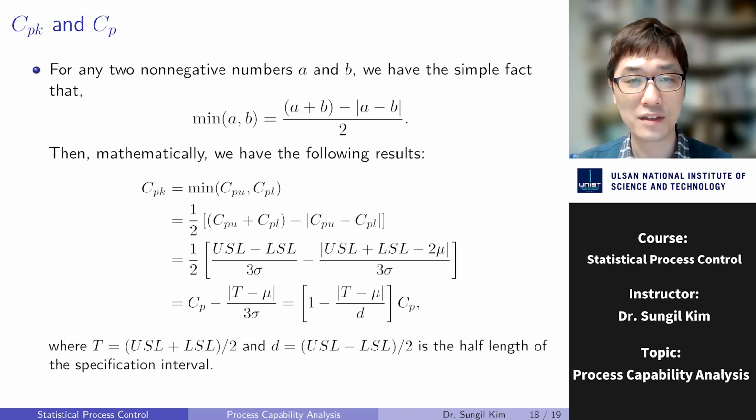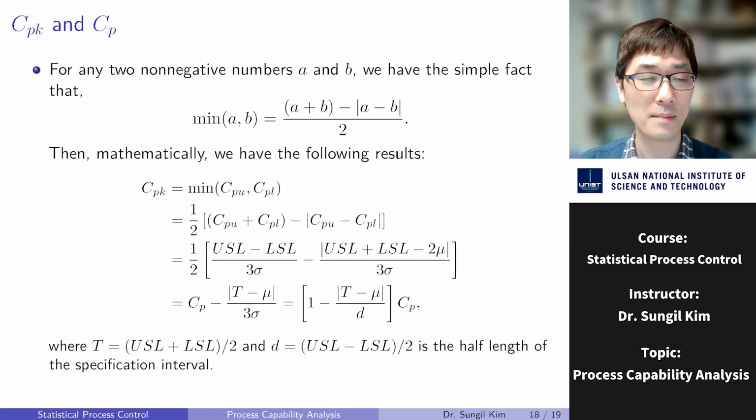Mathematically, we can show the relationship between CPK and CP by using the fact that the minimum of A and B equals (A plus B minus the absolute value of the difference) divided by 2. We derive the result about CPK as shown in the slide.